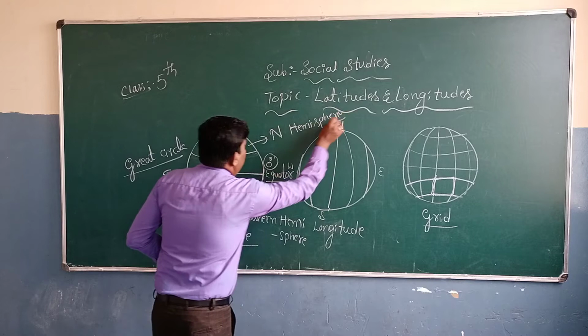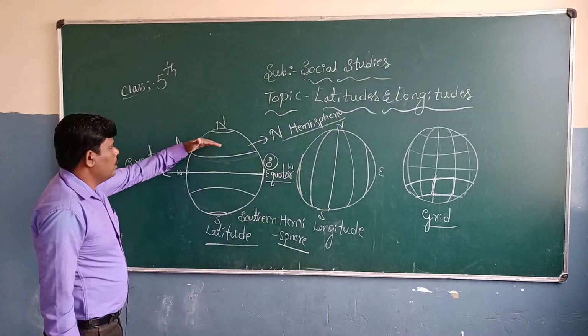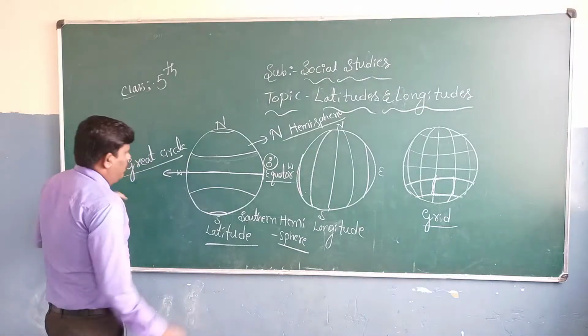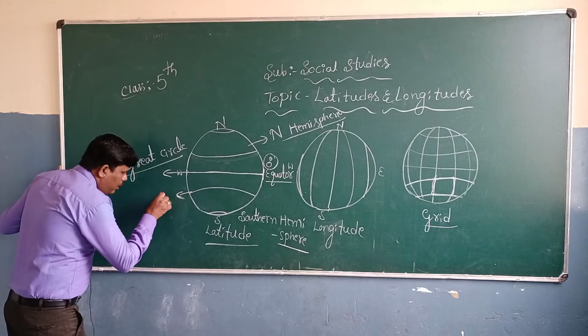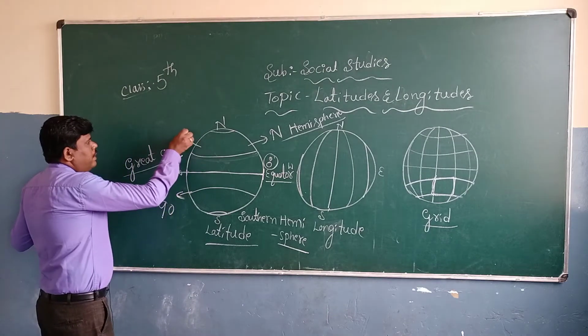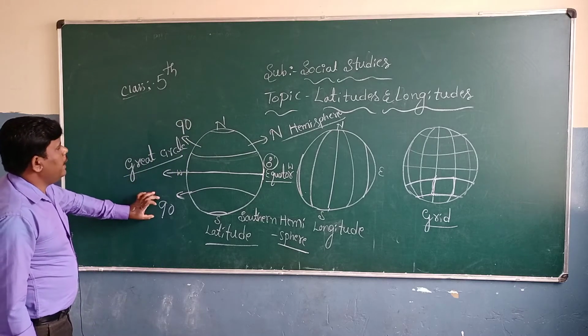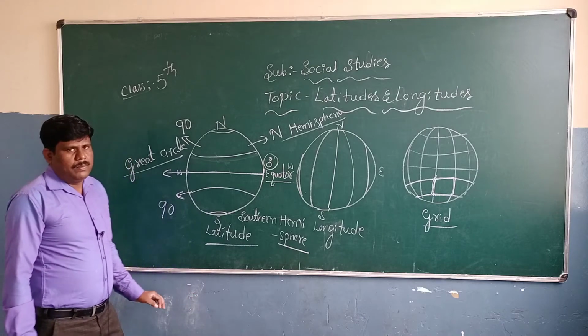There are 90 latitudes in the south and 90 latitudes in the north. 90 plus 90 is 180.